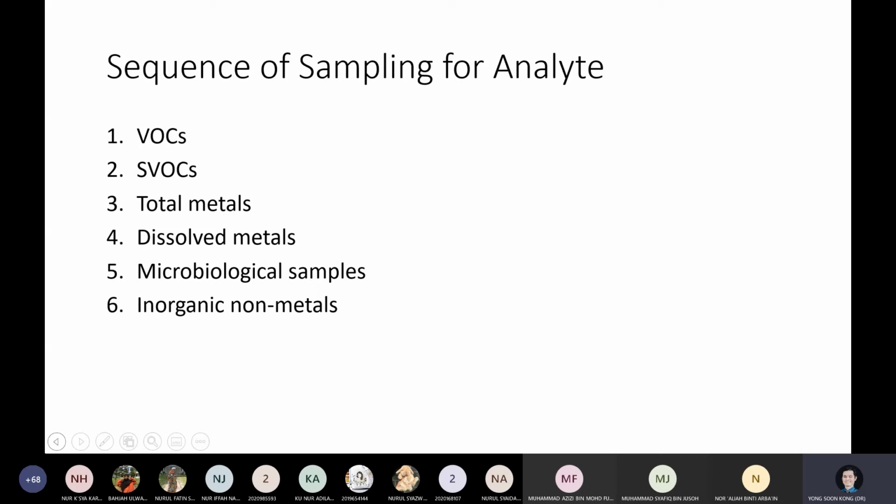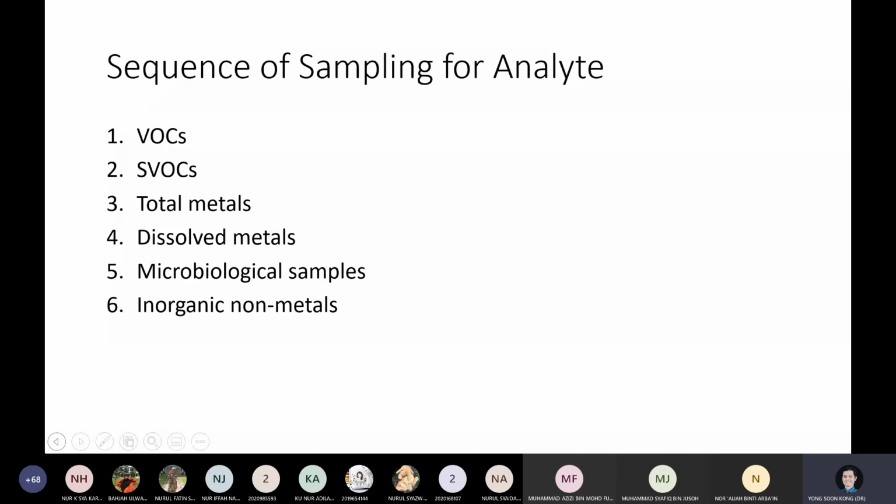And usually, for simple estimation of risk factor, we just use number four, dissolved metal, to quantify the risk factor. Because once dissolved, this metal will probably be absorbed by plants, because plants need water for photosynthesis. So when they are absorbed by plants, then it will accumulate in plants.